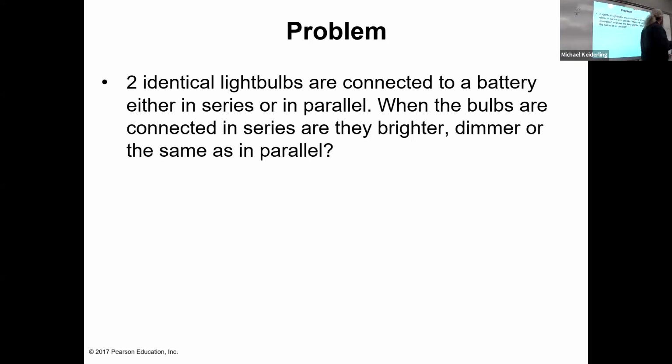But more accurately, the brightness of the light bulb will be proportional to the voltage drop across it. So, do you think brighter, dimmer, or the same in series as compared to parallel? Which one do you think is going to give you brighter light bulbs? Series or parallel?